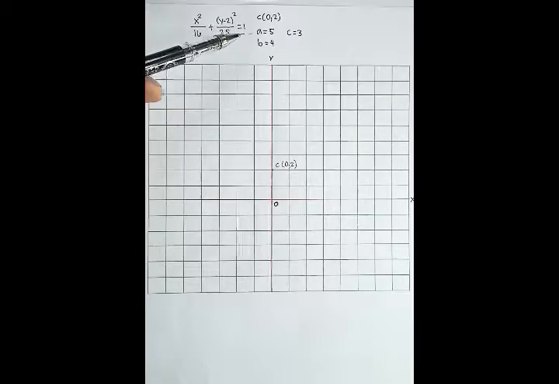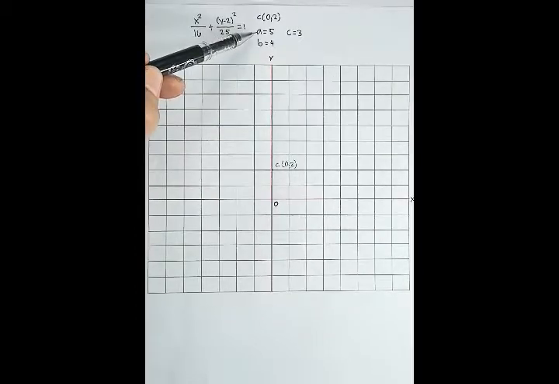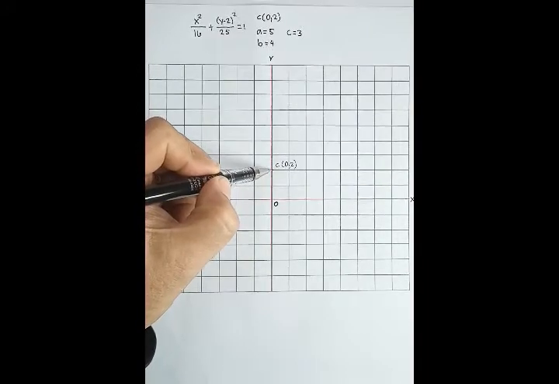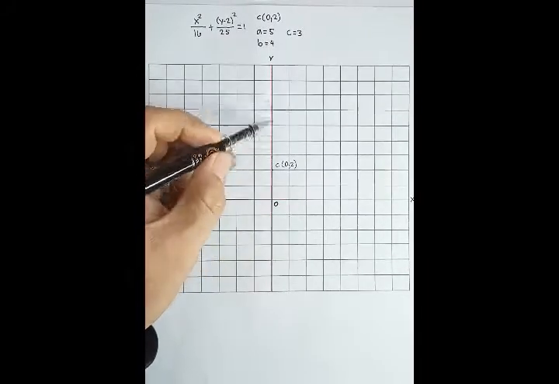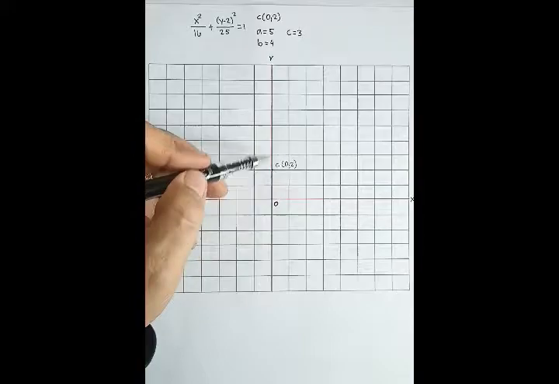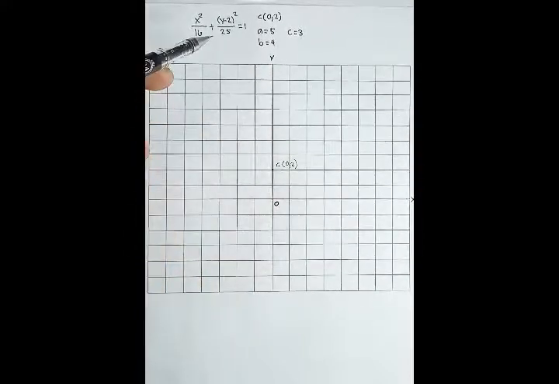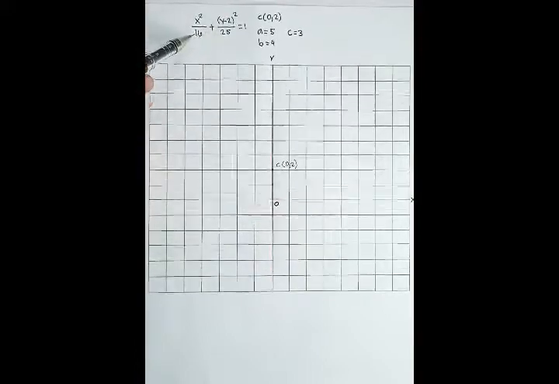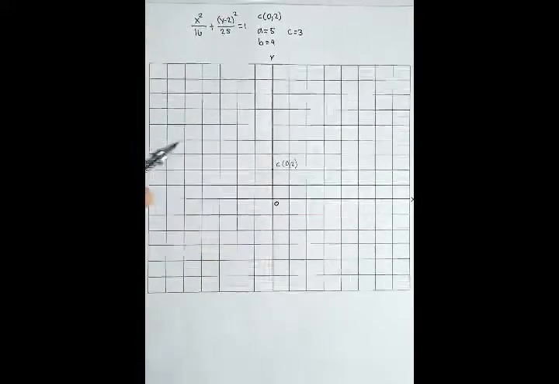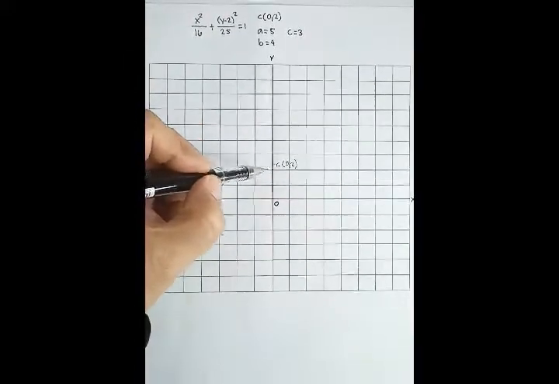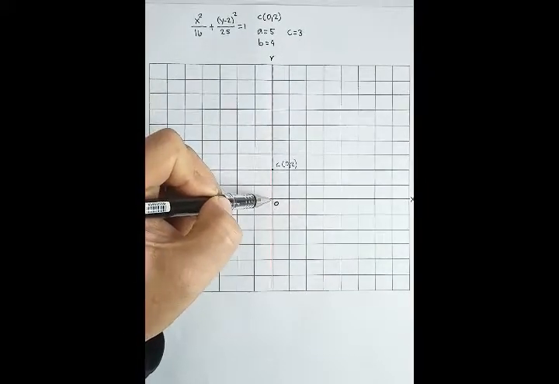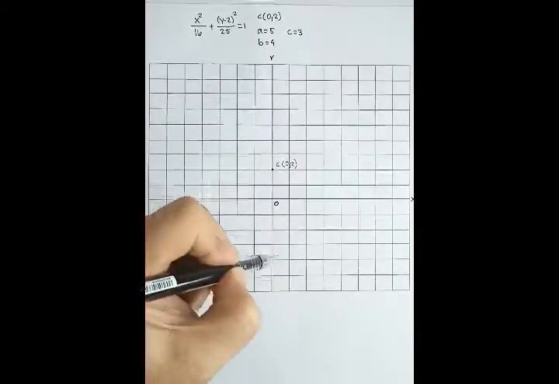So our value of A is 5. So from the center, we take 5 along the y-axis, because it is vertical, since the denominator of y is bigger compared to x. So we count first downward. So 1, 2, 3, 4, 5.